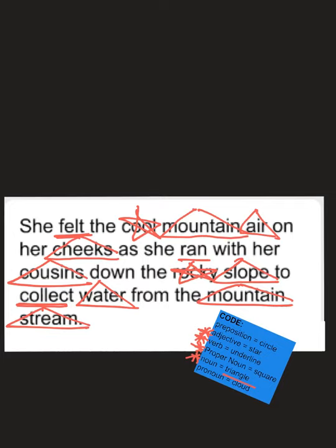These types of words come before nouns, so that gives us a bit of a clue. So who owns the cheeks? Yes, that must mean that her is an adjective.